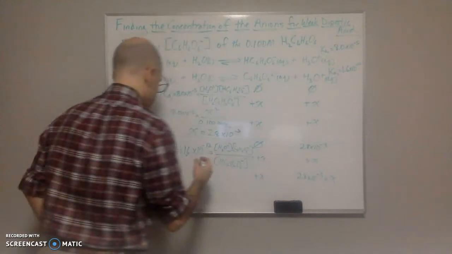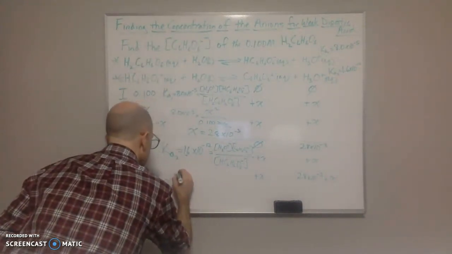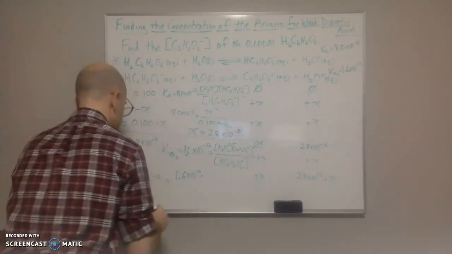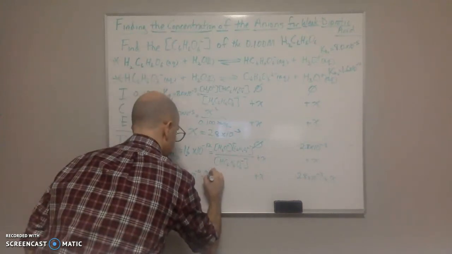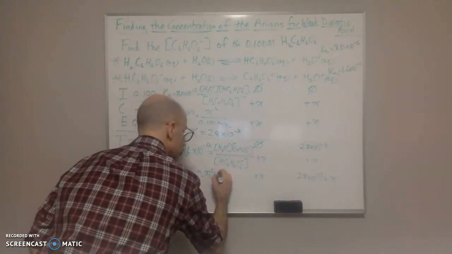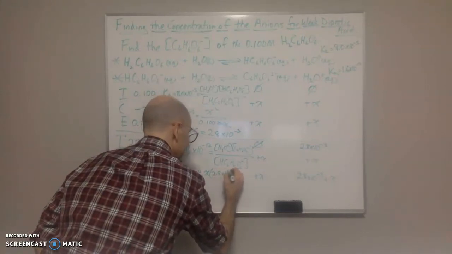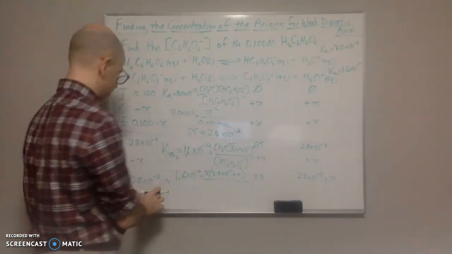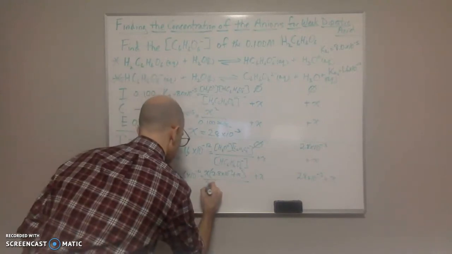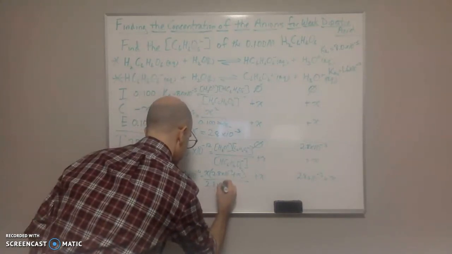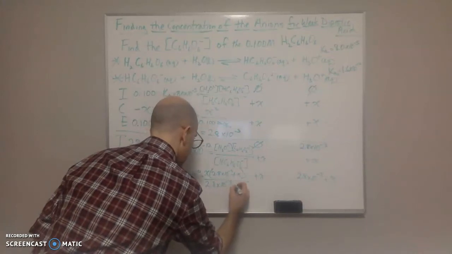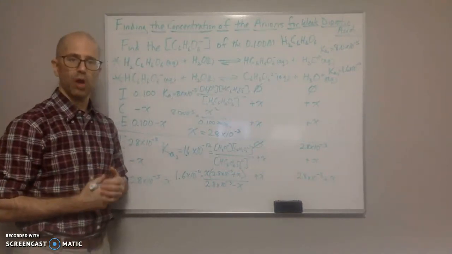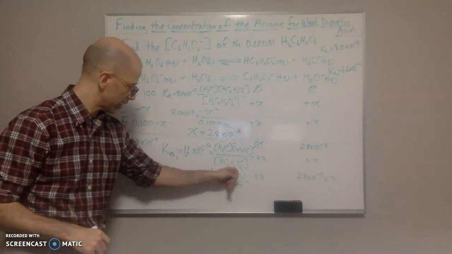And so what we have here is going to be 1.6 times 10 to the negative 12 is equal to, and these two, so it's going to be X times 2.8 times 10 to the negative 3 plus X, over, and then we have this expression here, so that's going to be 2.8 times 10 to the negative 3 minus X. And then we can do the X is too small approximation twice, here and here.